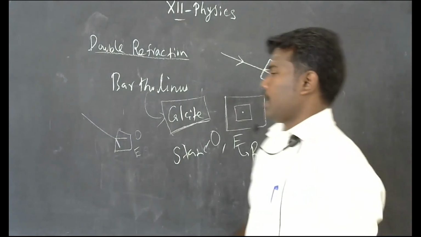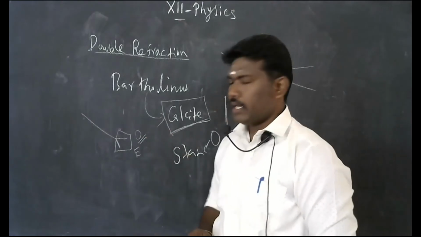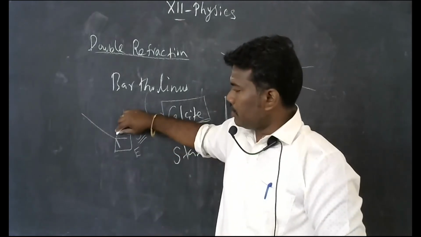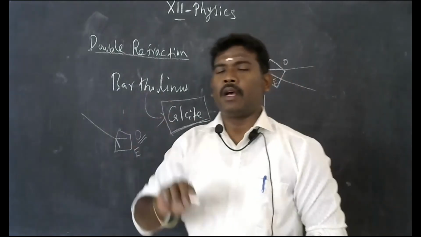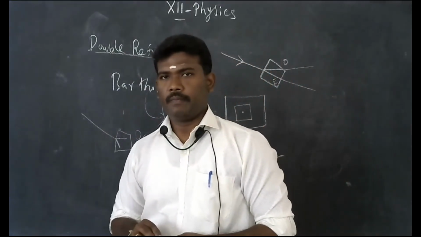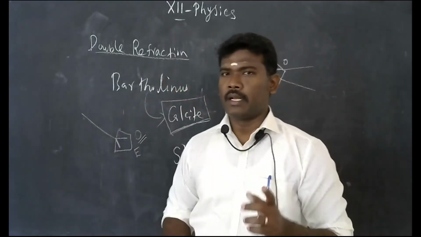And the difference between the ordinary and extraordinary: the ordinary ray can travel in all directions with the same velocity inside the crystal. We are going to focus inside the crystal because outside we have the single light ray.